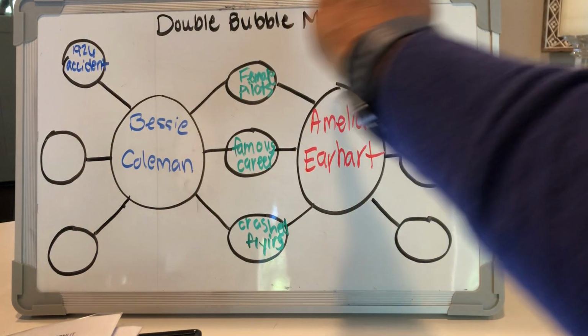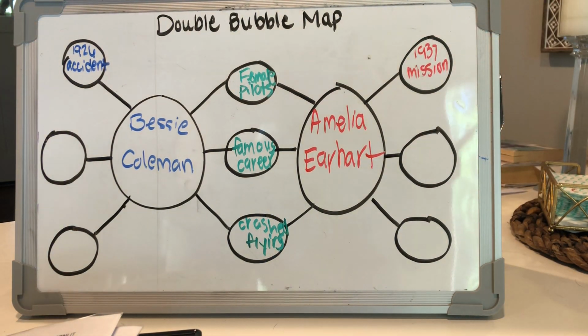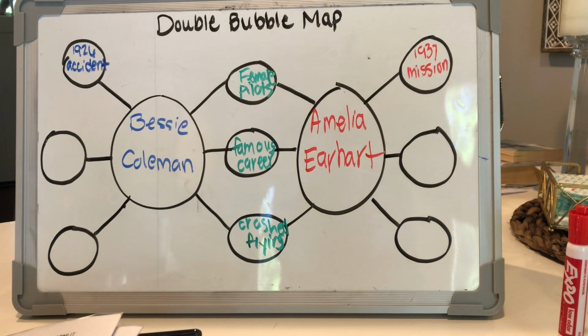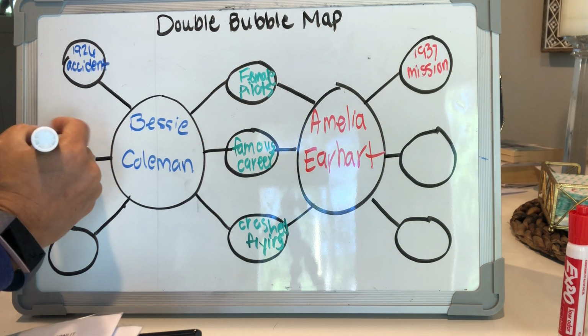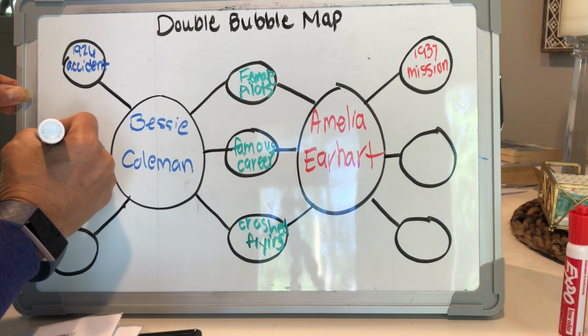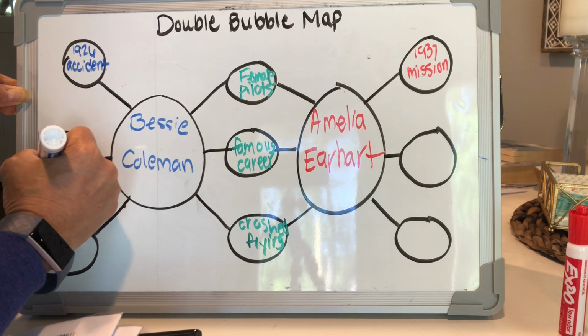Do you see how these are, even though they are different, I'm still staying on topic. All right, so another one. Bessie Coleman, as we know, was an African-American female. So I'm going to write African-American female.